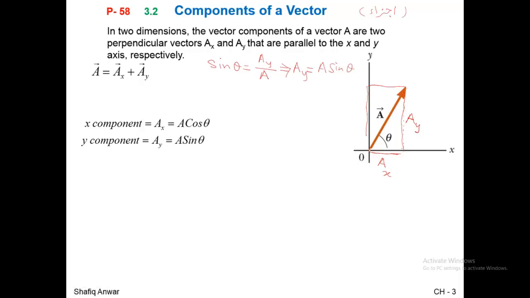A sine theta. Similarly, with another trigonometric identity, cosine of theta is equal to the base ax over the hypotenuse. So you get the x component of vector a as a cosine theta. Clear? Good.